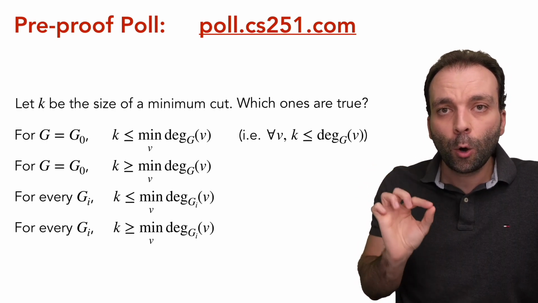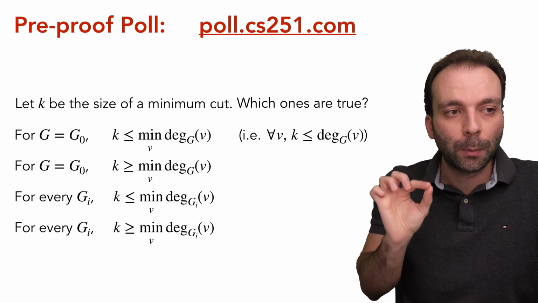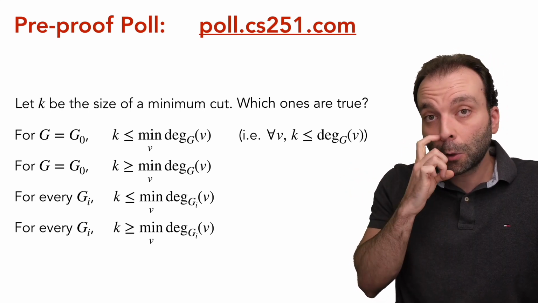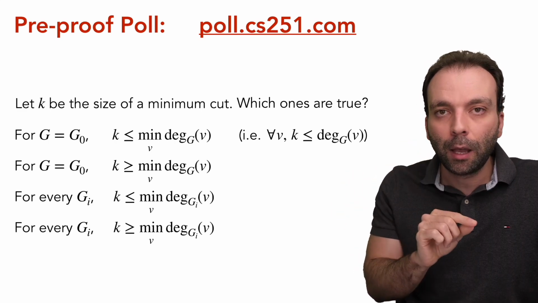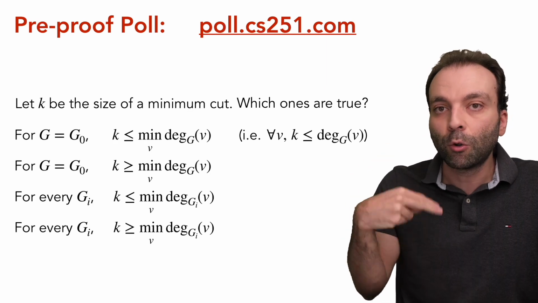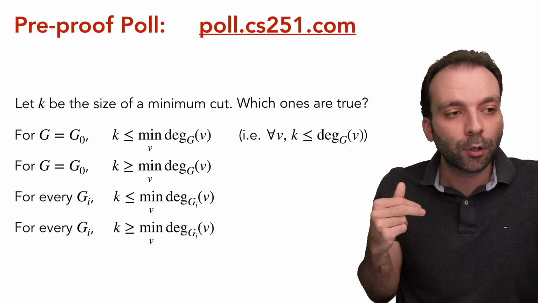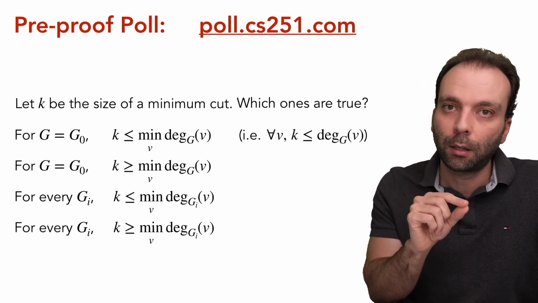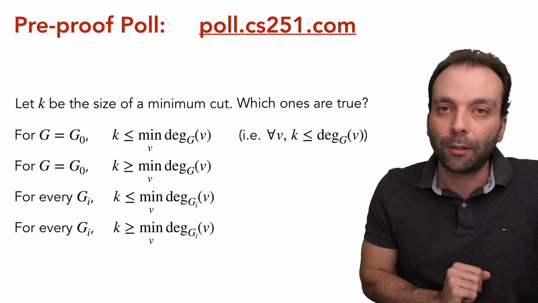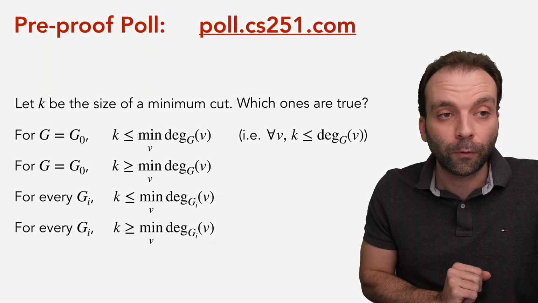So I want to know the relationship between the size of a minimum cut K and the minimum degree in the graph. In the original graph, how does K compare to the minimum degree? And also for every G sub i, after every contraction, how does the size of a minimum cut compare to the minimum degree of the graph?